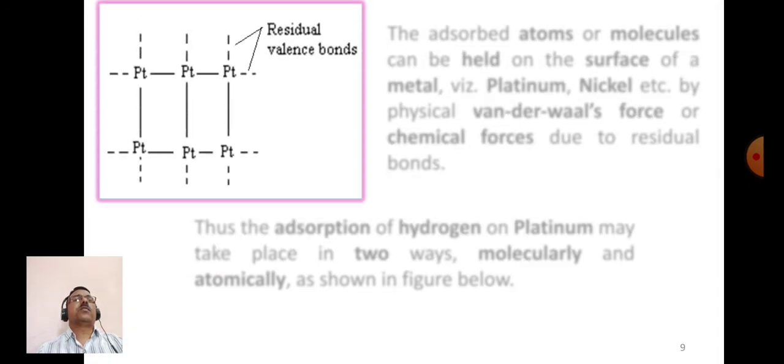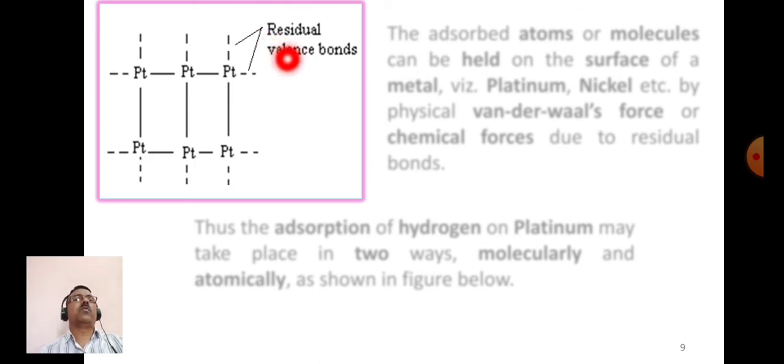let's see here, this is platinum, and these dotted lines indicate the residual valence bonds, which are responsible for holding the adsorbate. They may be van der Waals attractive forces or they may be chemical bonds, meaning they may be covalent or ionic in nature.